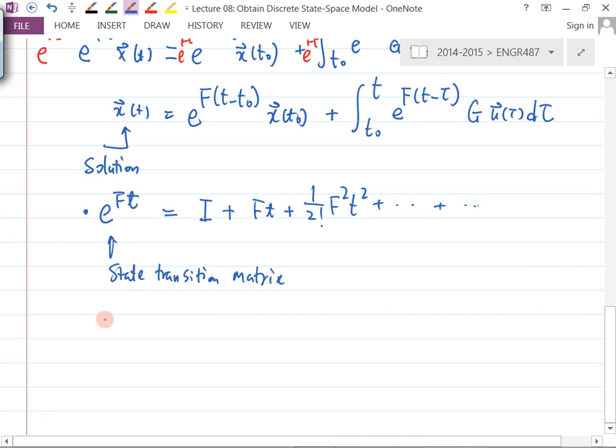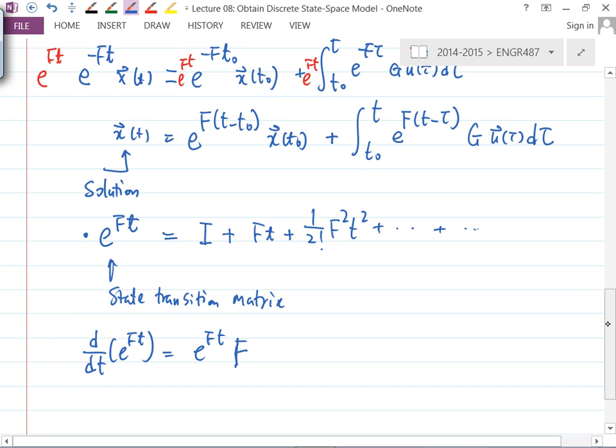One of the properties is if you take the derivative of this, you get this. So it's very similar to taking it as a constant. Later, when we focus on discrete-time systems, discrete state space models, we'll look at what the state transition matrix is for the discrete state space model.